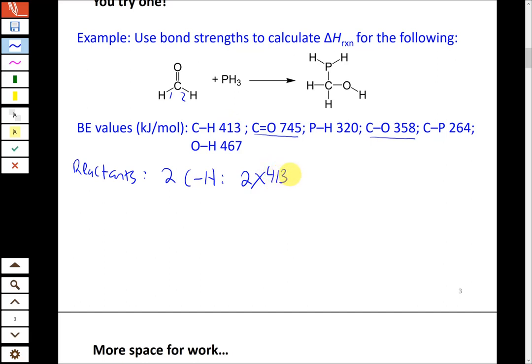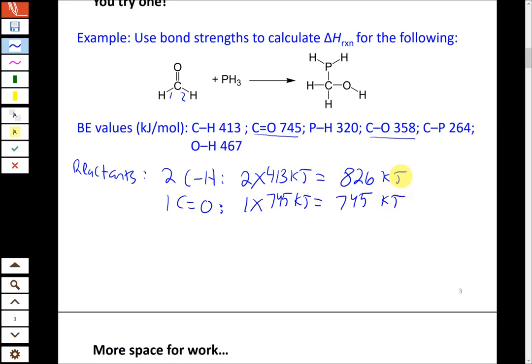So that's 826 kilojoules for the CH bonds. And then this first reactant also has a CO double bond. So again, there's not going to be just one number for each reactant and product necessarily. It's going to be one for each bond that it has. So here we also have a C double bond O in the first reactant. So we need to add that in. There's just one of those. We don't have to multiply by a factor, but that's going to be 745, the correct number that we would use for a double bond.